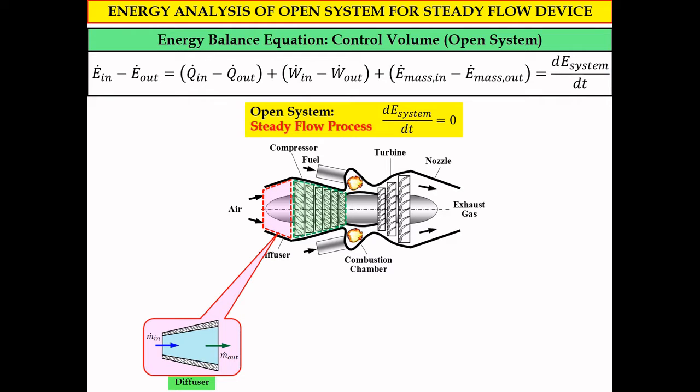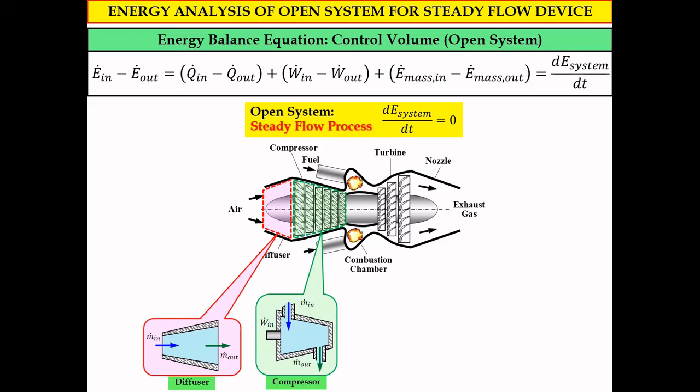Then we have the second component of the gas turbine engine, which is referred to as a compressor. For the compressor, we need to supply rate of W in, and due to the open system, we will have mass flow rate in and also mass flow rate out.